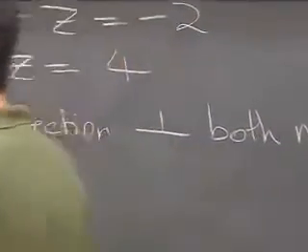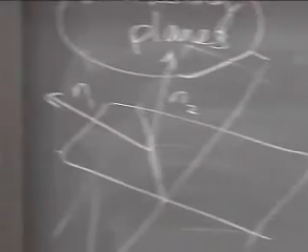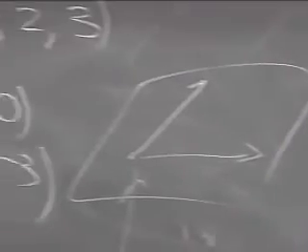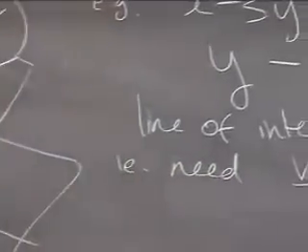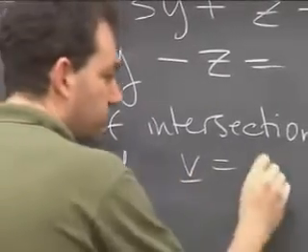Well, given two vectors, how do I find a vector that's perpendicular to them both? Cross product. So I need my direction vector, v, to be the cross product of the normals.